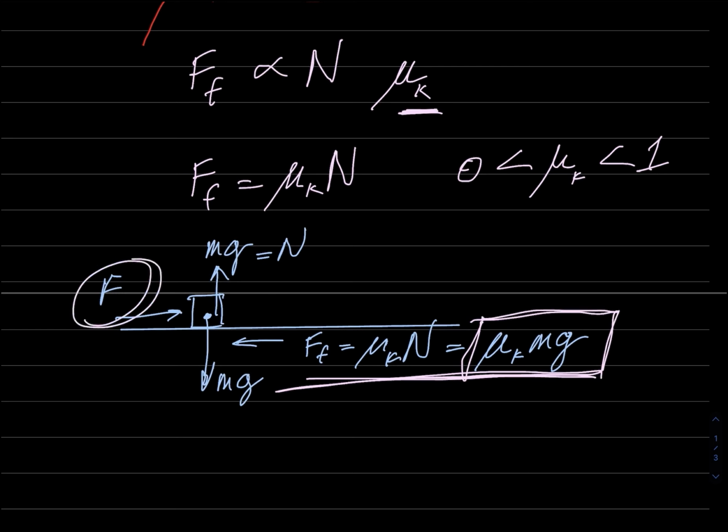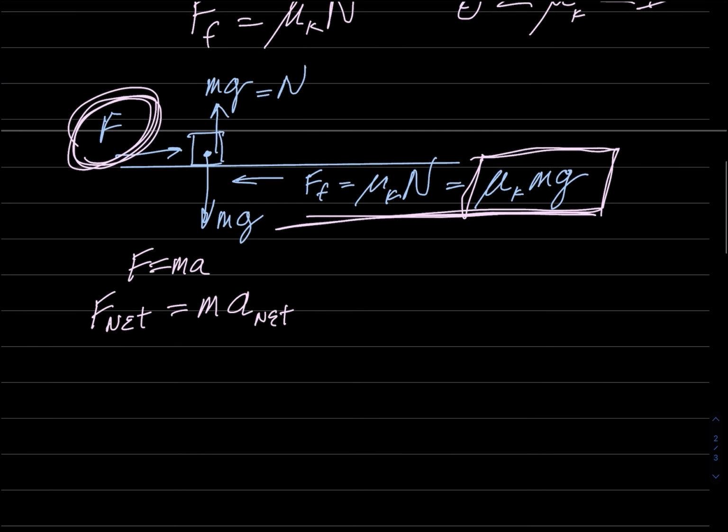So if you increase the force that you push on the box with, then the box is going to accelerate by the equation that we know, F equals ma. So the net force will equal the mass times the net acceleration. So what is the net force on the box? The net force on the box is the force that you apply minus the force that friction is applying.